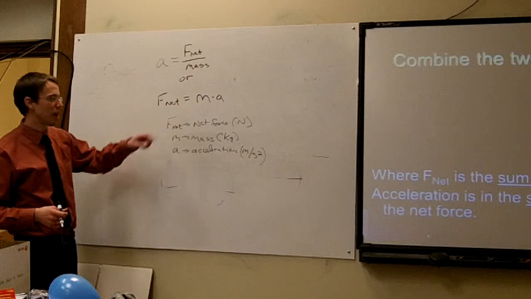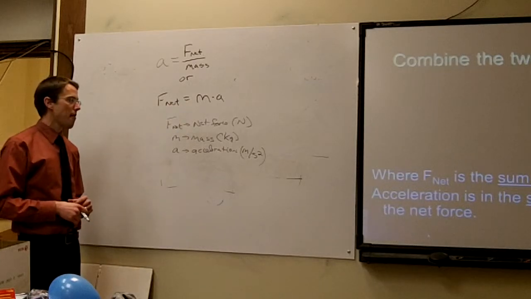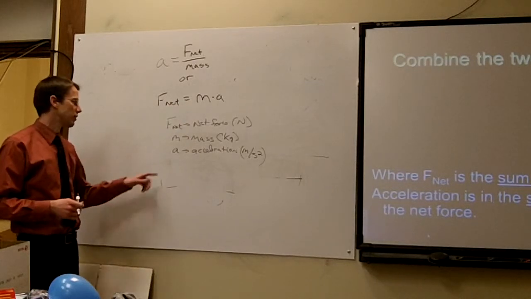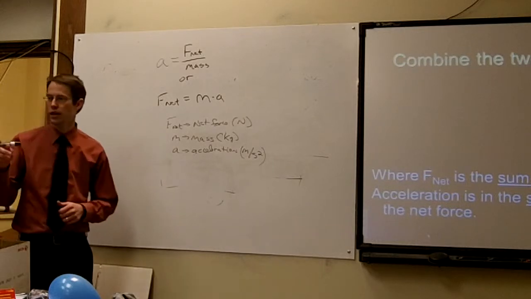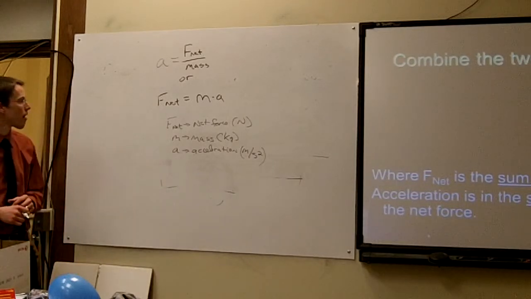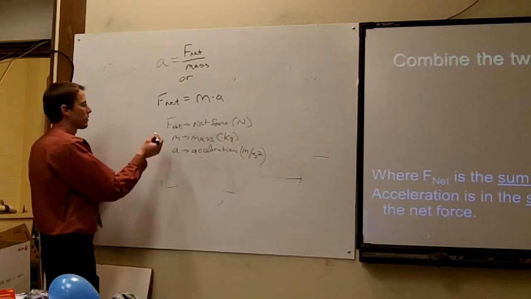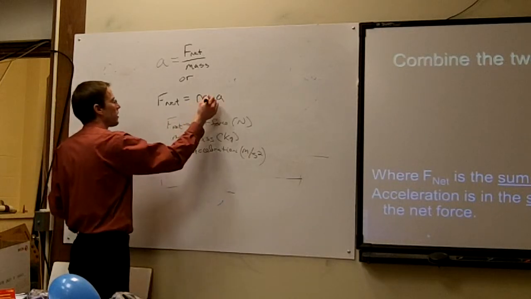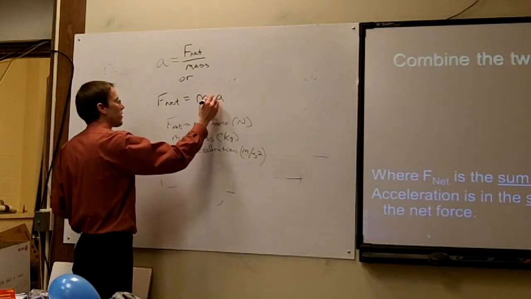So net force is the sum of the forces, and acceleration is always in the same direction as the net force. Yeah, Cameron? So your second equation, the force net equals mass, is that times acceleration or minus acceleration? Times. That's supposed to be a dot product.